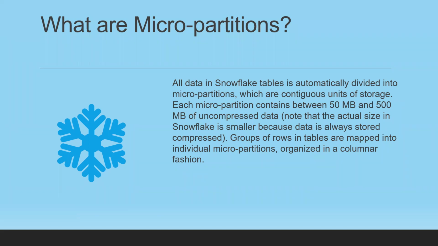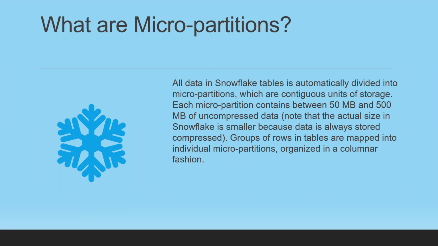All data in Snowflake tables is automatically divided into micro-partitions, which are contiguous units of storage. Each micro-partition contains between 50 MB and 500 MB of uncompressed data. Let's remember, the actual size in Snowflake is smaller because data is always stored compressed.